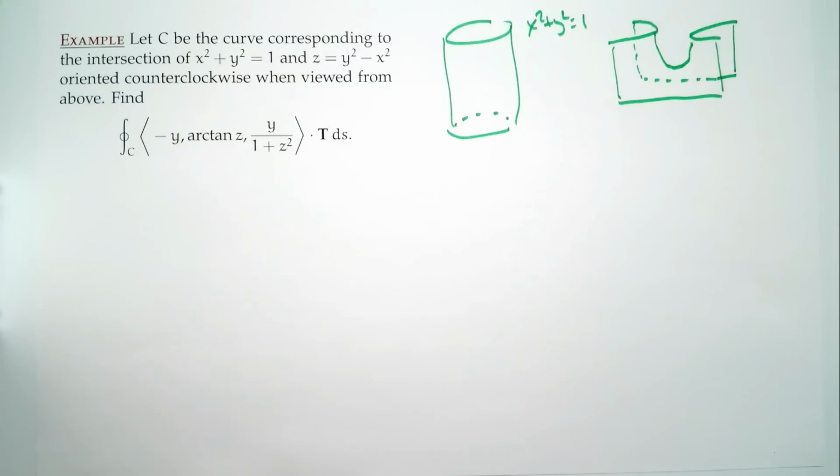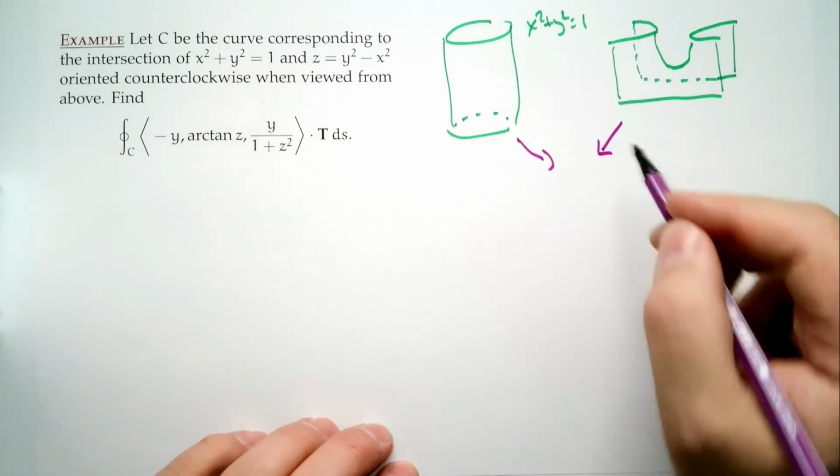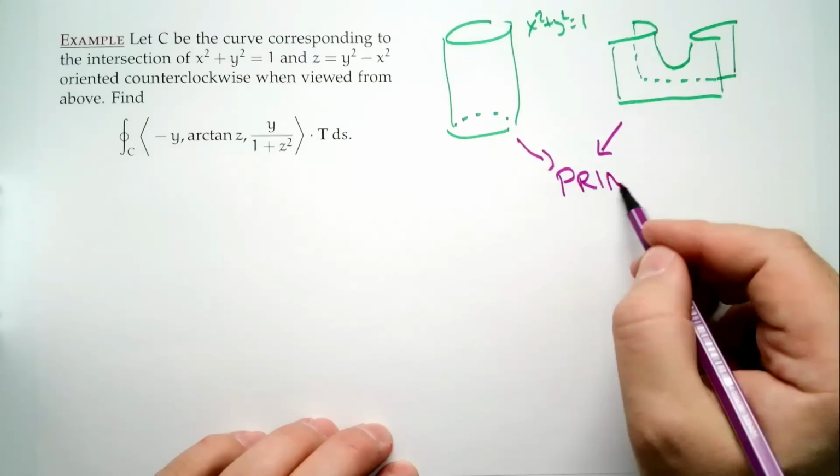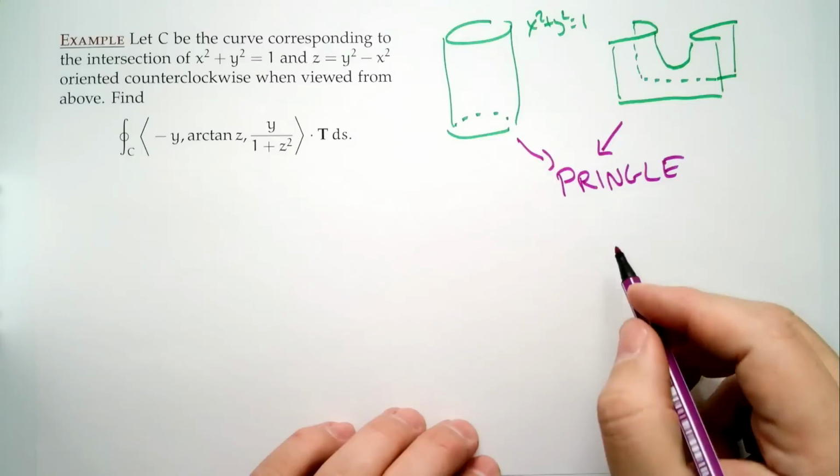It's also called a hyperbolic paraboloid. Now we're taking these two surfaces and we intersect. If you take these two surfaces and you intersect, you get the non-mathematical term called the Pringle. If you've ever eaten a Pringle chip, that's roughly what it looks like.